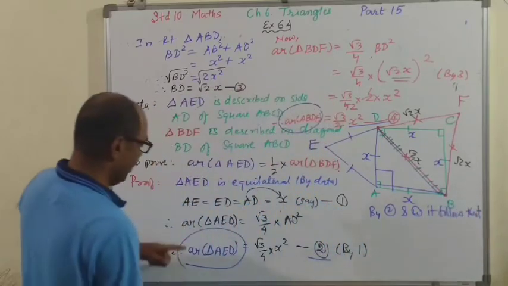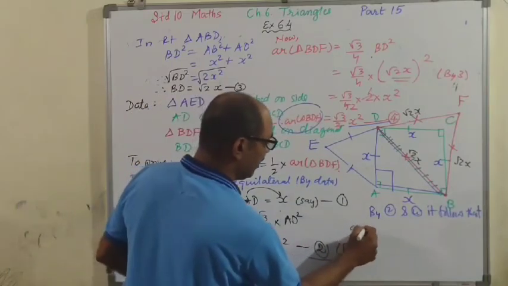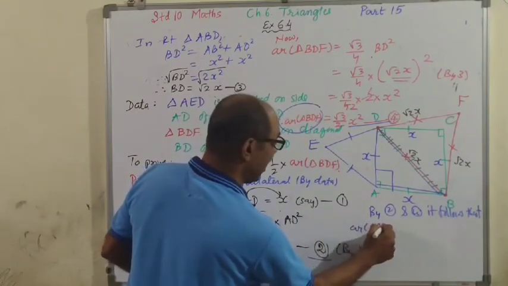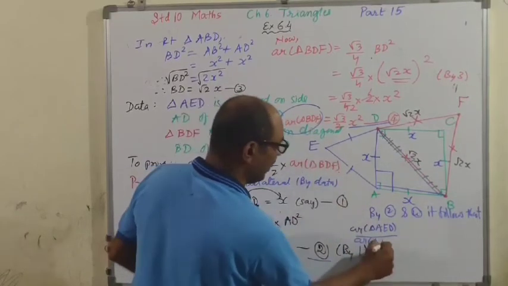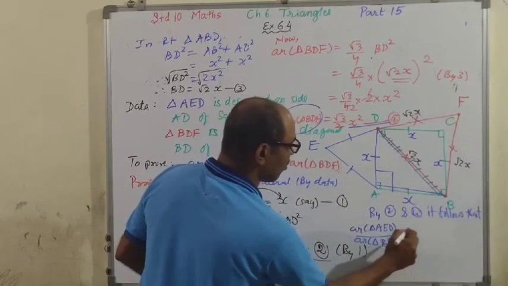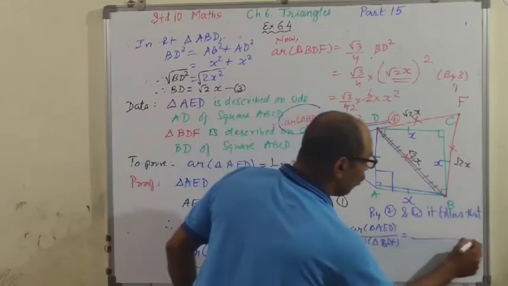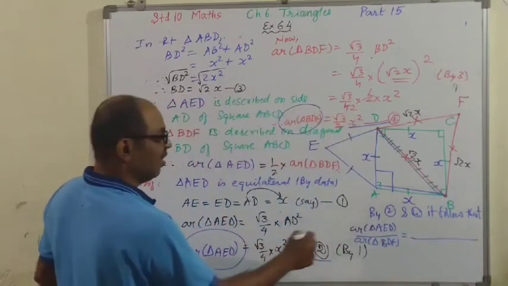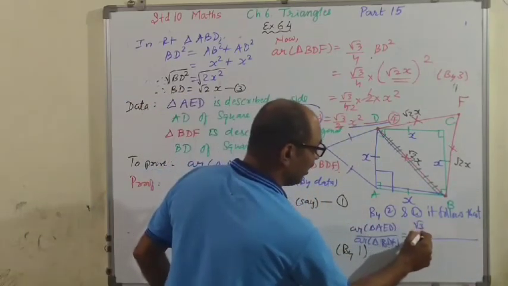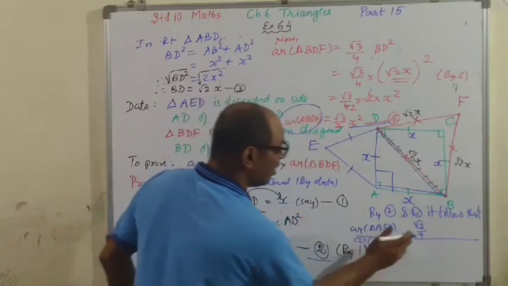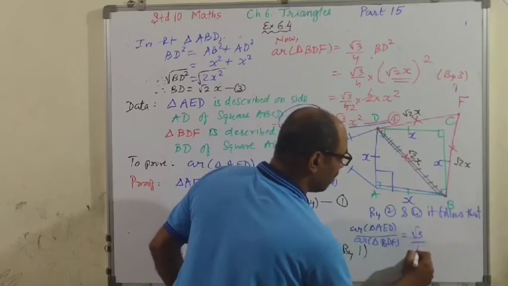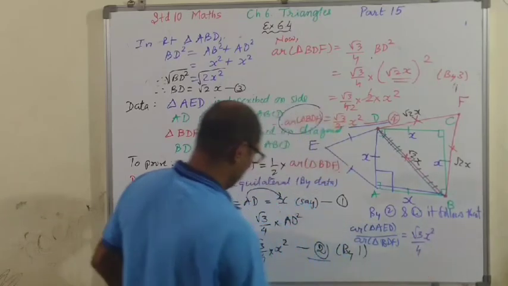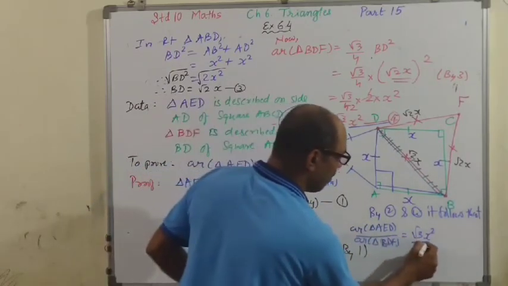Area of triangle AED upon area of triangle BDF is equal to, let's go up, the area of the triangle AED is √3 by 4 x square. Children, because of the fraction, see what sir is doing: √3x square by 4.